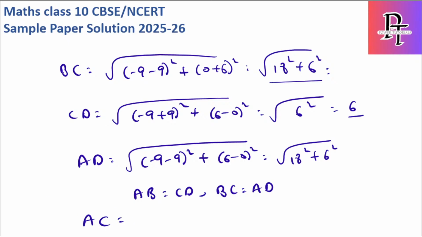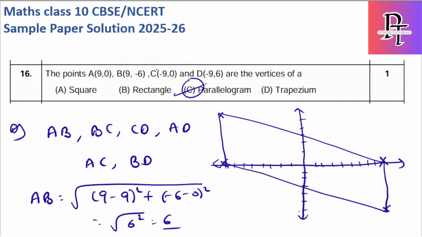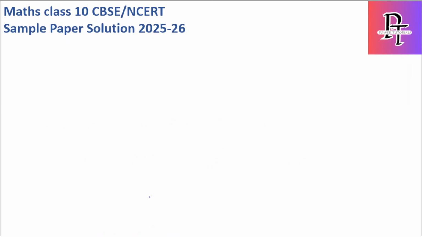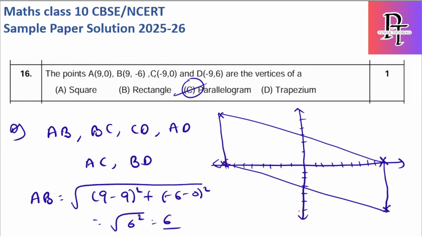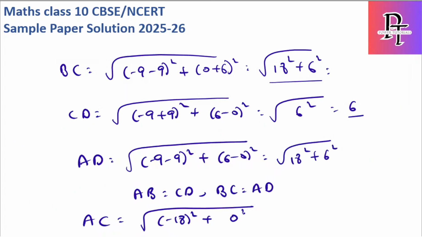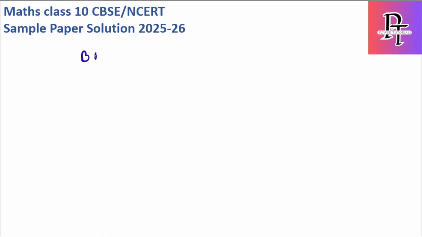So let's find AC now. AC is minus 9 minus 9, so minus 18 whole square, root of minus 18 whole square plus 0 minus 0. Okay, so just 0 square and directly writing. So AC we got as 18. Let's write the last diagonal, which is BD.